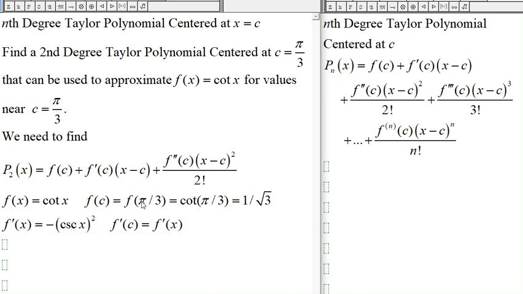So this would be pi over 3. And this would be negative cosecant of pi over 3, squared. And this will be negative 4/3.